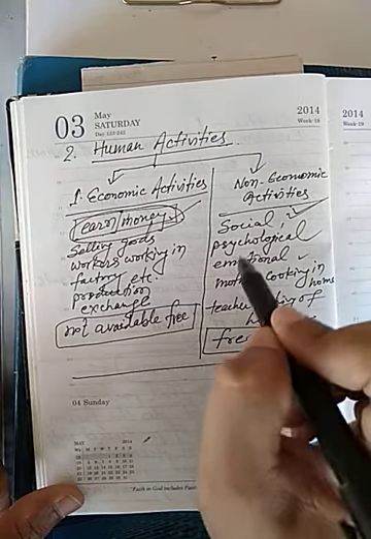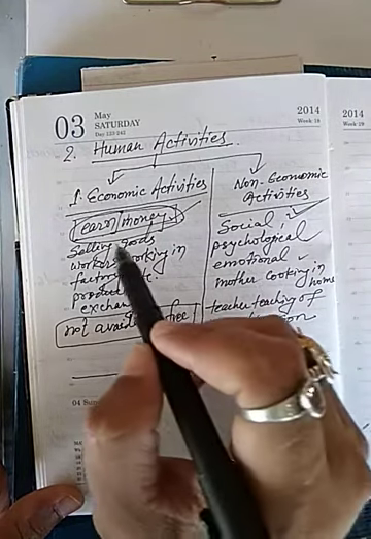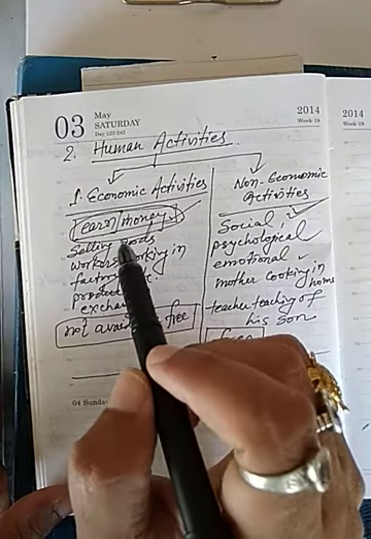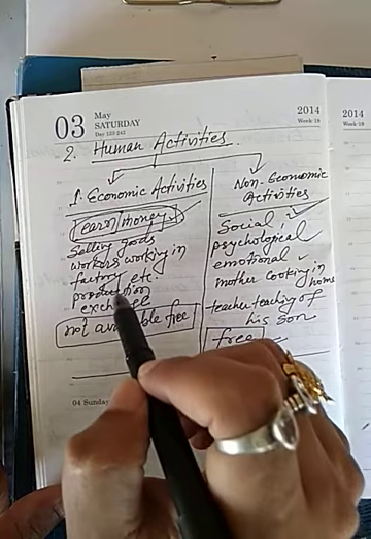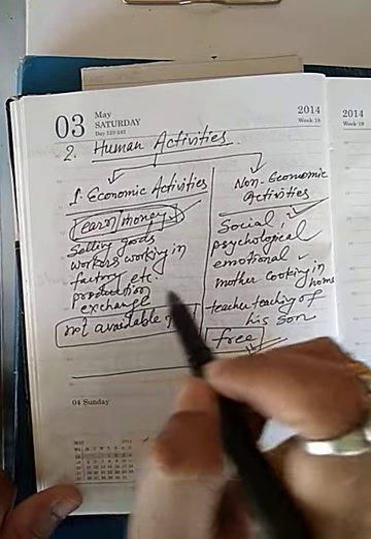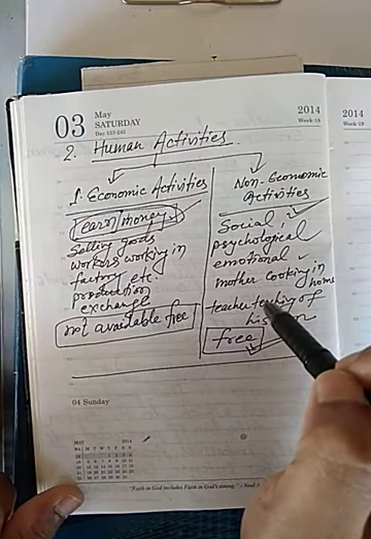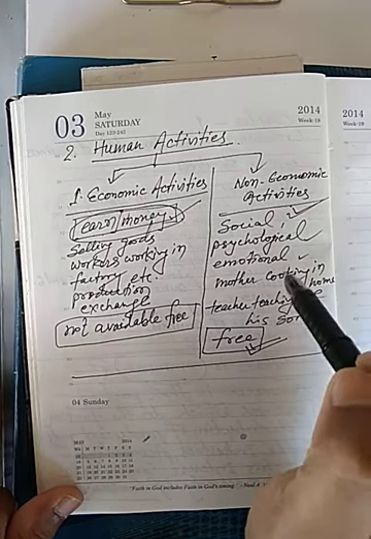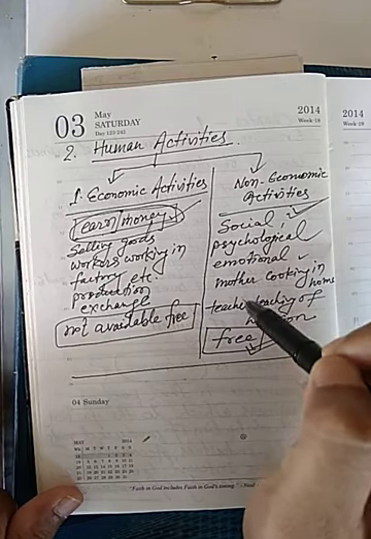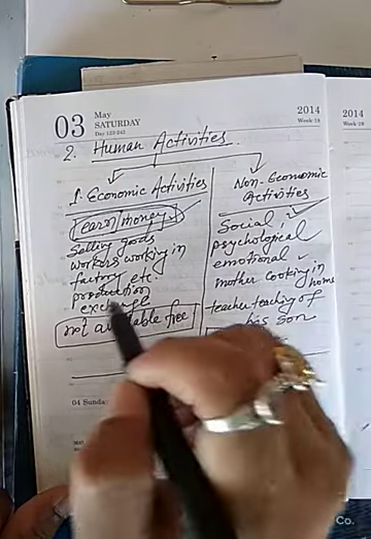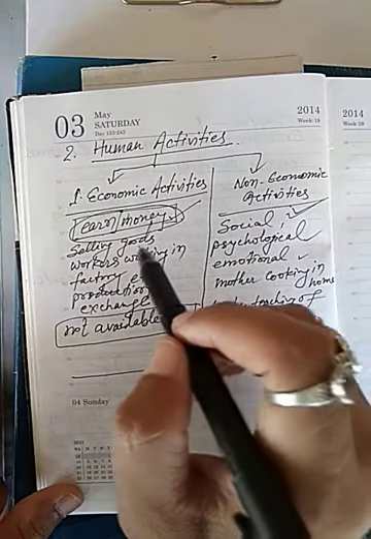There is no value of money in these activities. The expectation for performing economic activity is to earn income or profit. But in non-economic activity, the expectation is to get mental satisfaction. So these are the differences between the two human activities.